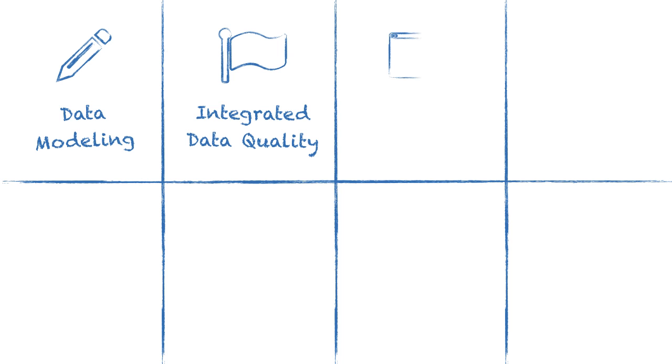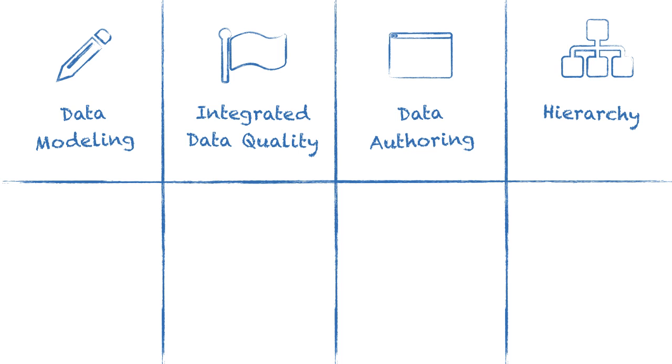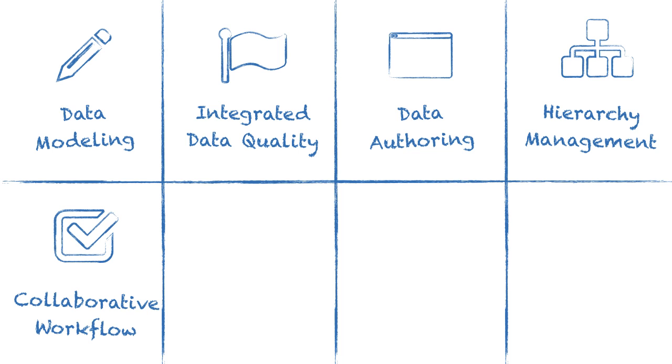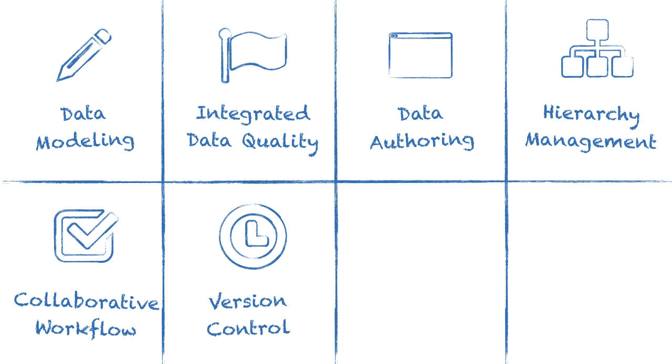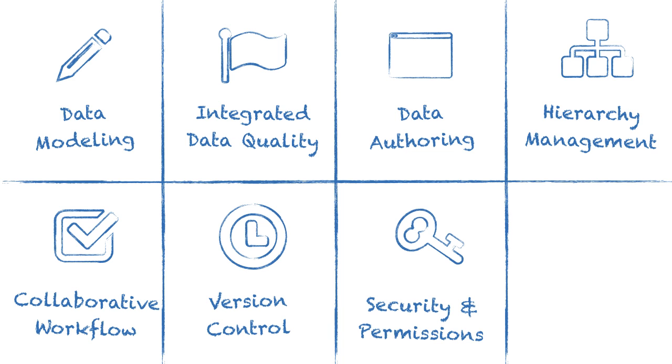And this is why we include data modeling to define what it is to be mastered and its relationships, quality, authoring or user interface generation, hierarchy management, which includes support for alternate hierarchy management, workflow, as we mentioned previously, version control, or in this case, access to past, present, and future versions of master data, and also the ability to create relationships between time periods of master data.